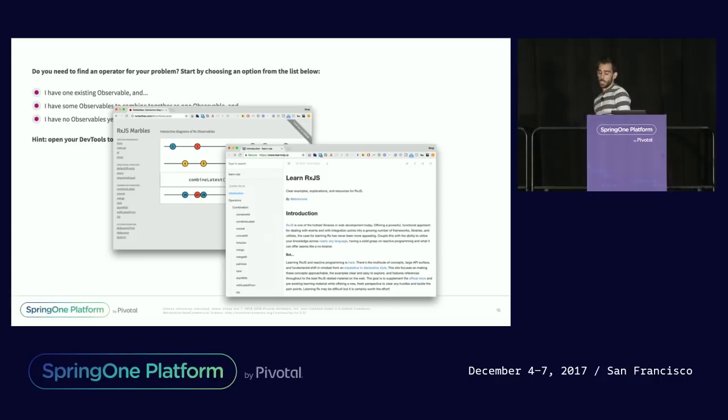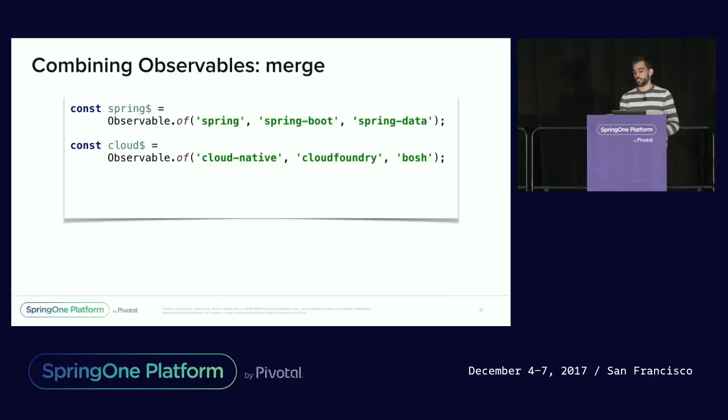It's a really good website that also will give you examples on every single operator, so you have more or less in mind, right, what they are doing. So don't worry too much, right, if you don't know all of them. It's overwhelming, right, when you start, because there are so many of them, and some of them look quite the same, but they are slightly different. So you'll be basically learning them, right, as you're using RxJS.